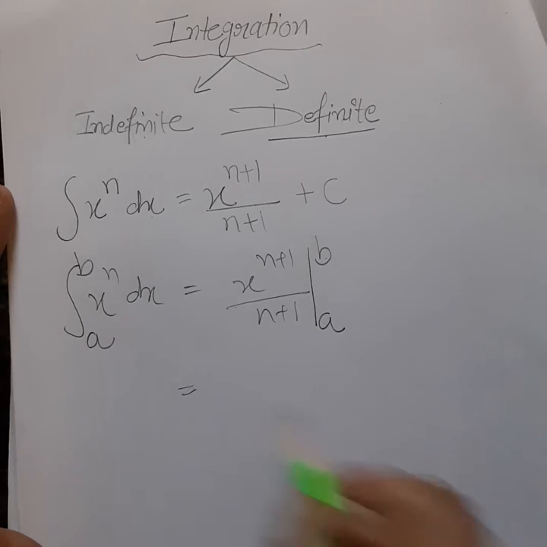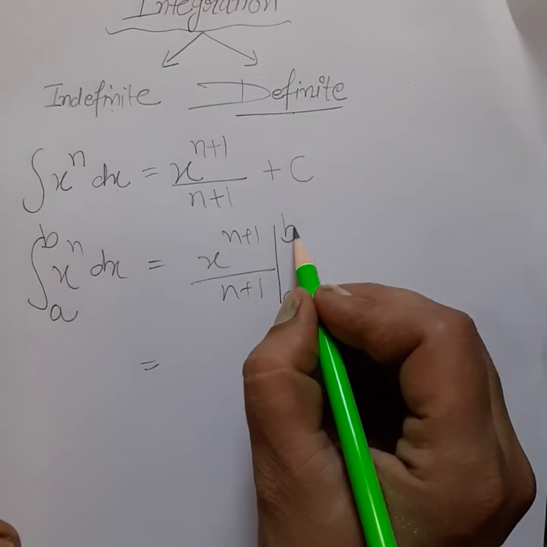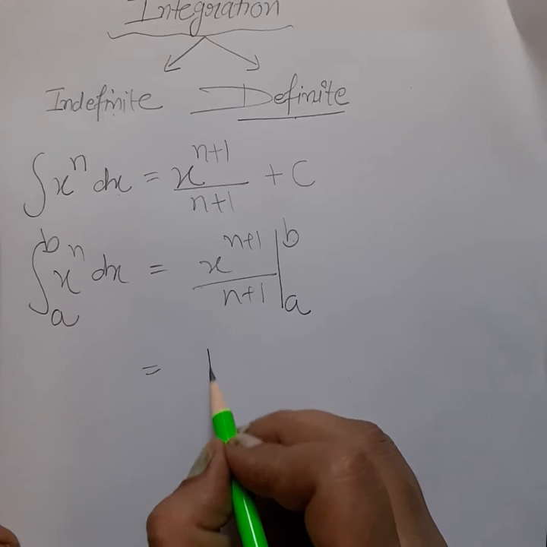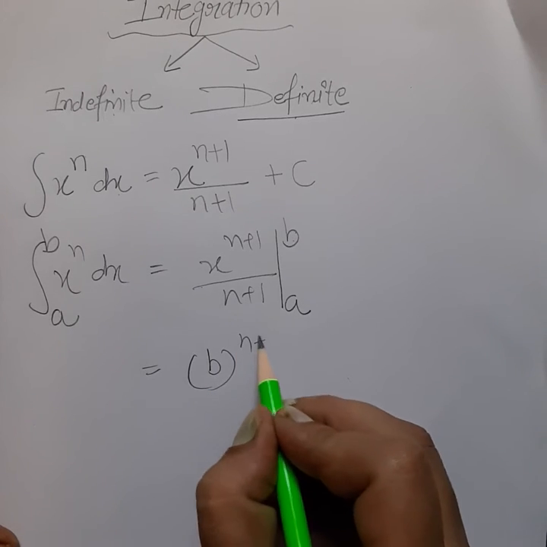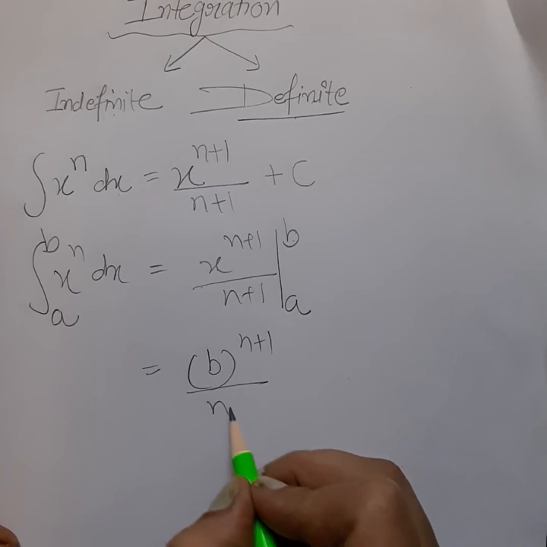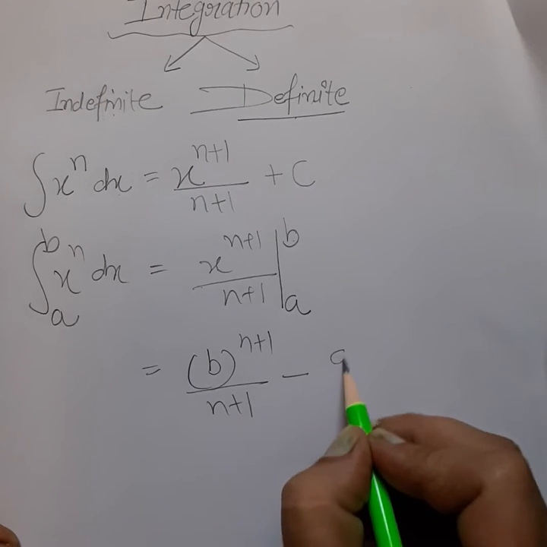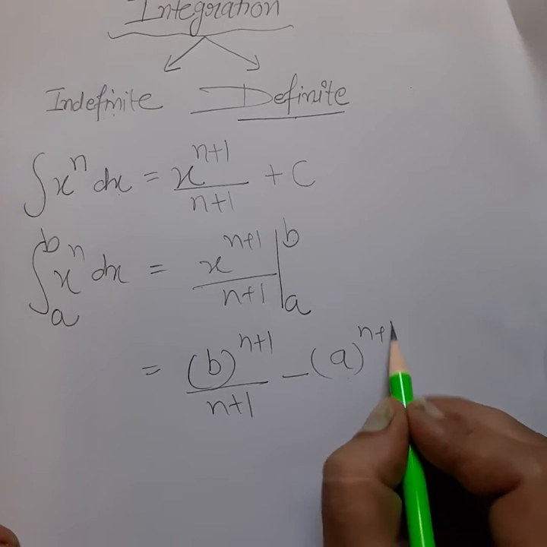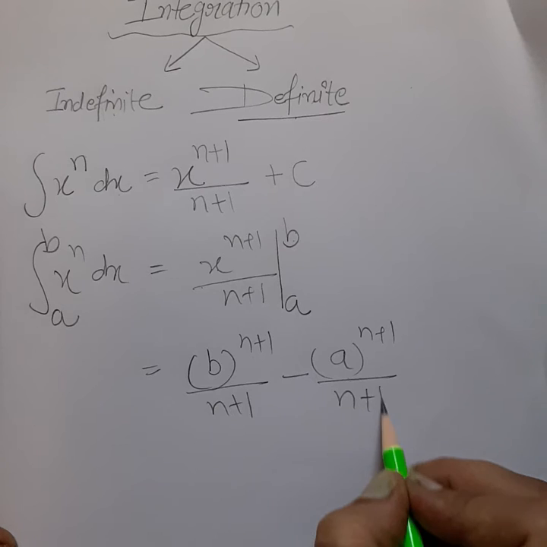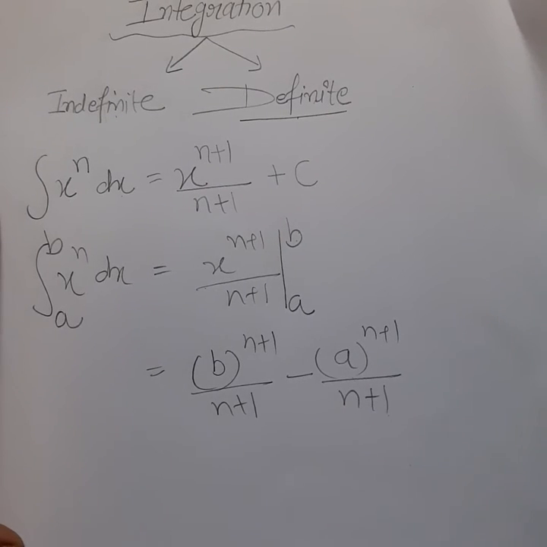First of all, you put b in the place of x, and after that you put a in the place of x. In this way you can solve your questions.